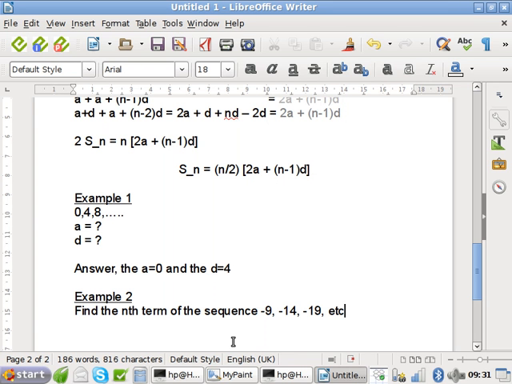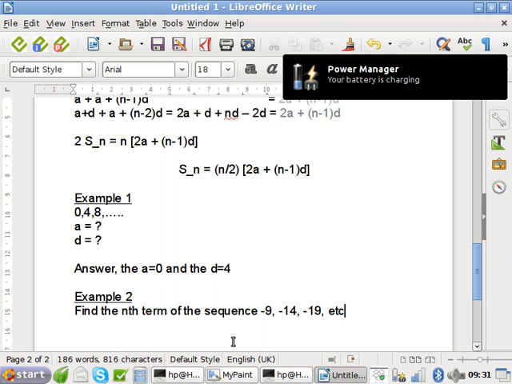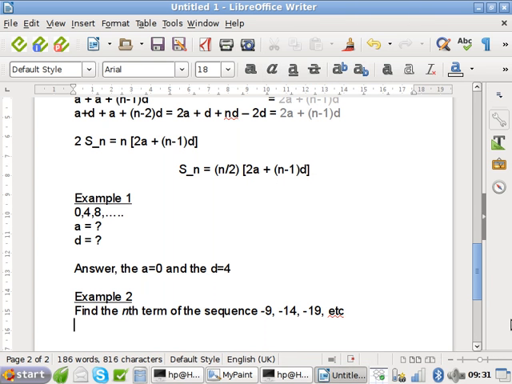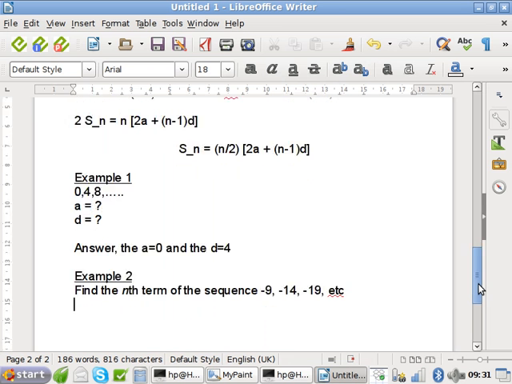So when I say the nth term, I'm not saying which term. So I could mean the first, second, third, 100. I'm not saying. I'm just saying the nth term. So firstly, can I scroll down a bit, guys?